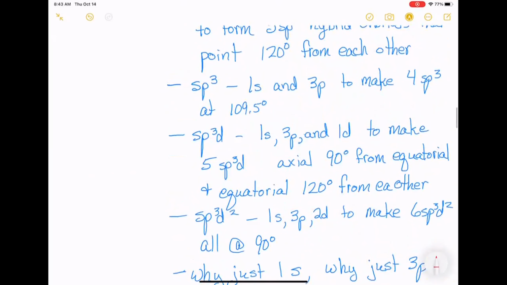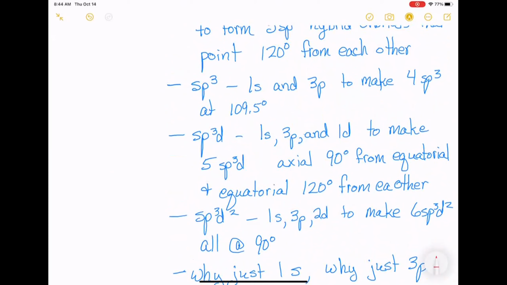The last one combines 1 s, 3 p, and 2 d atomic orbitals. In other words, we're combining 6 atomic orbitals, and we allow them to mix mathematically, and what comes out is 6 hybrid orbitals that are sp3d2.